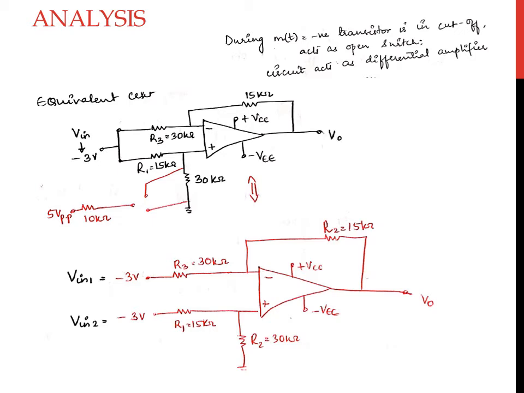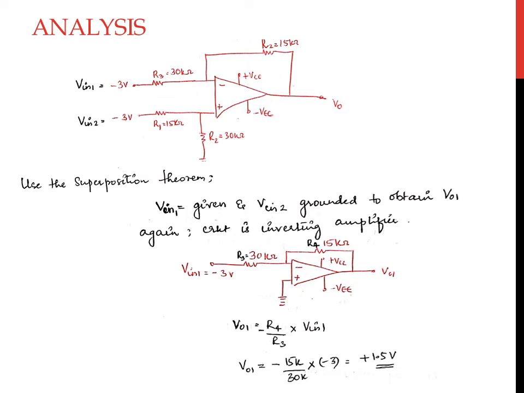In this circuit, we have considered the two inputs Vin1 and Vin2 to be equal to minus 3 volts. The input voltages are actually the carrier voltages, which are plus or minus 3 volts, but this is just for analysis purposes. We have considered them to be equal to minus 3 volts.